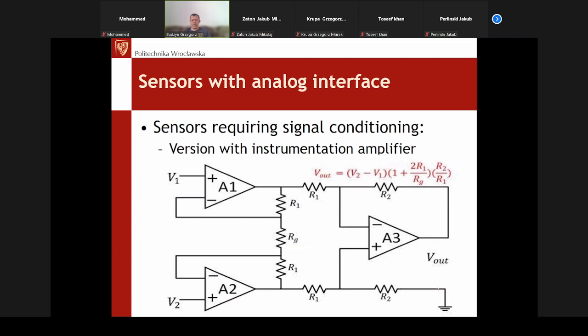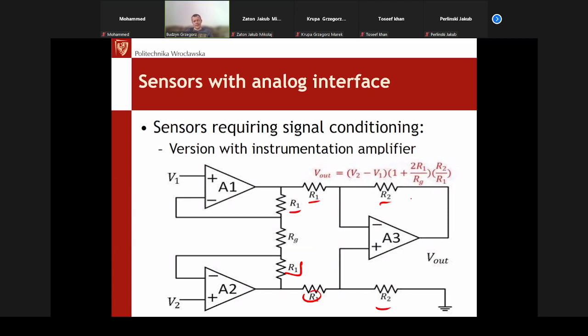If you would like to build this amplifier by yourself, what is important is the quality, or rather the repeatability, of those elements. So they should have a good tolerance.